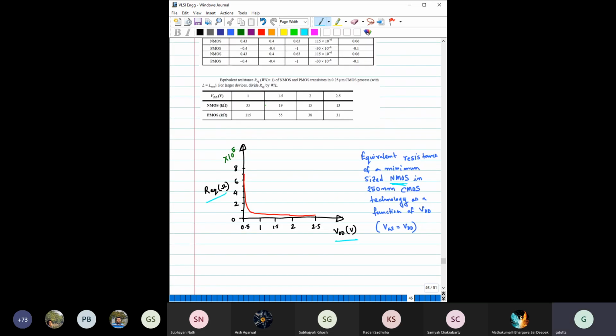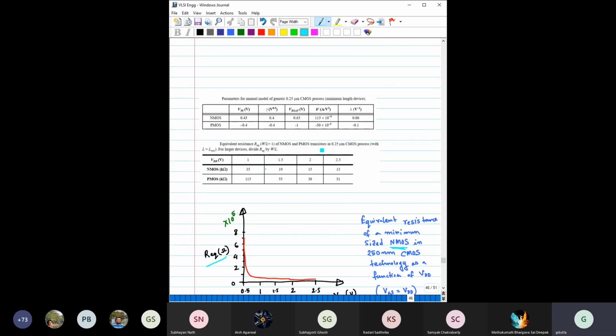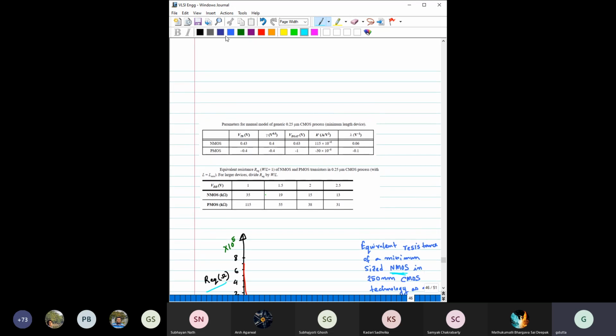Now, to give you some idea of what this value would be for a particular CMOS technology node, let us consider the CMOS 250 nanometer technology node. This means the gate length is 250 nanometer or 0.25 micrometer.